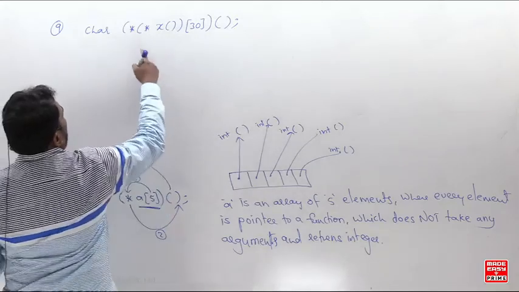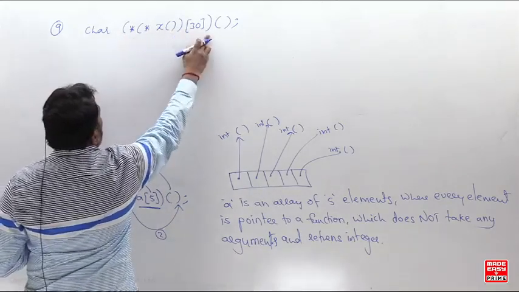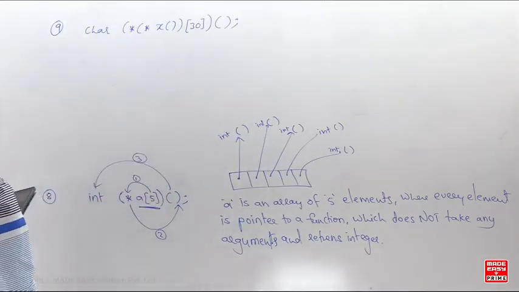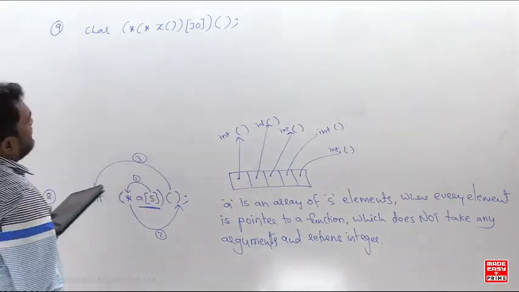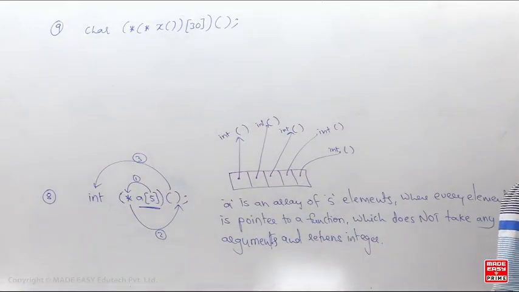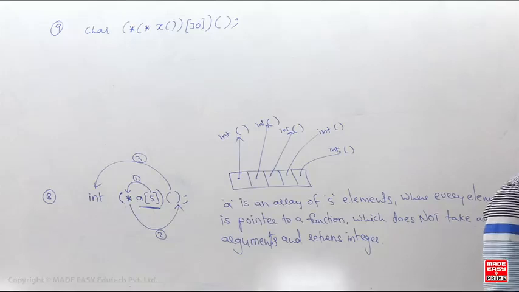Brackets are correct. Okay, 1, 2, 3. Right. Come on. Meaningfully you try. Meaningfully you try. Don't take any tension.